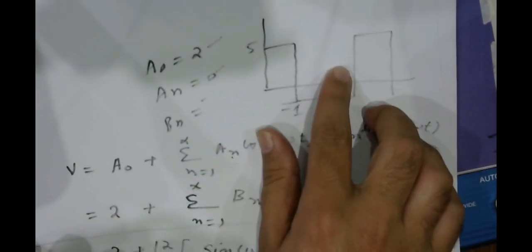Then you find these different b n, a n, and the a naught value, you put them over here, and you get your desired result. So these are the infinite summation of sines, which Fourier promises us: given any periodic function, you can write it in terms of infinite sine functions. So these are your desired sine functions.